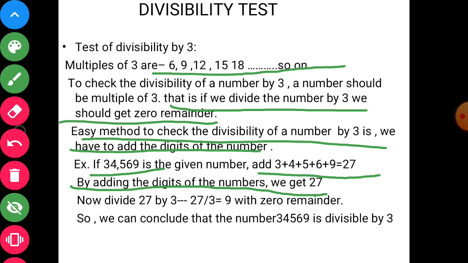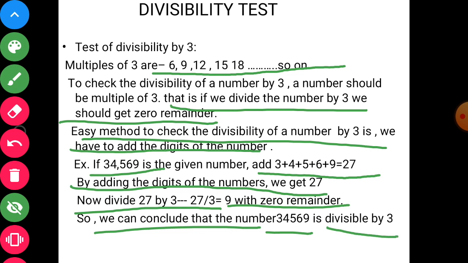Now divide 27 by 3. The answer is 9 with 0 remainder. If we divide any number by 3 and we get 0 remainder, then that number is said to be divisible by 3. So we can conclude that the number 34,569 is divisible by 3.